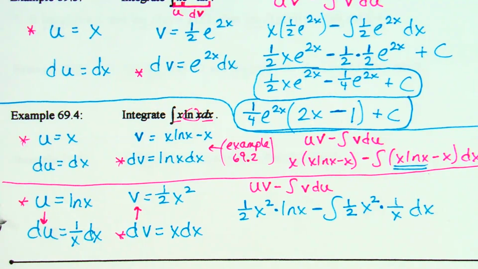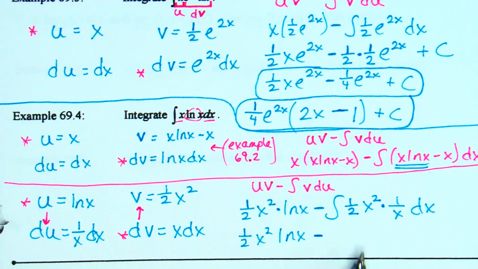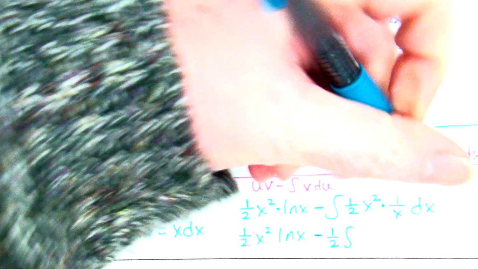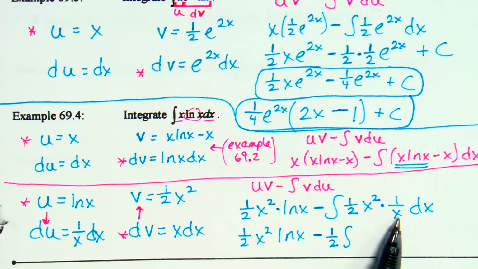So cleaning up, 1/2 x squared ln x stays the same, minus the integral. Now, you guys okay if I say let's pull this 1/2 out front? If you pull the 1/2 out front, then what is x squared times 1 over x? Okay, x squared times 1 over x, and x cancels. You have x, and then we still have dx.